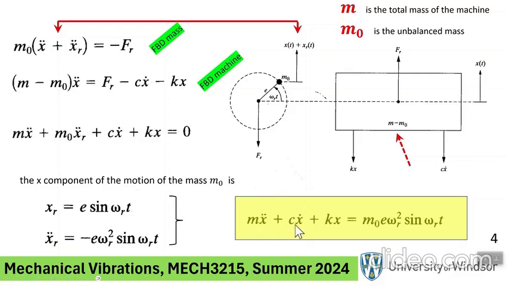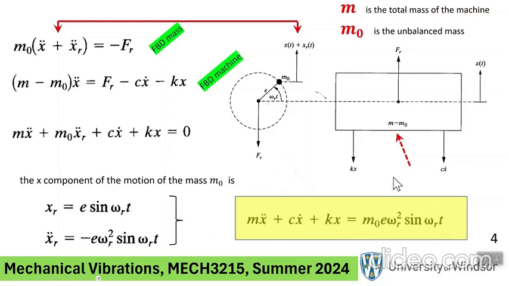So you're familiar with the left-hand side, and the right-hand side, you have seen it, because we spent almost a week and a half on looking at the situation where a mass and a spring and a damper was subjected to harmonic load. And this is a harmonic load.